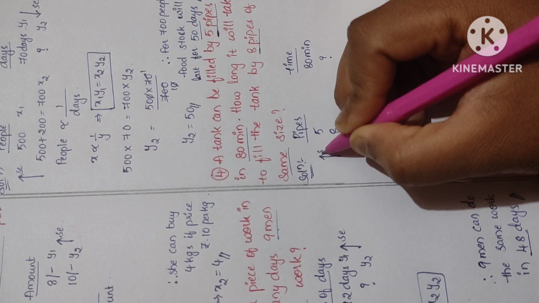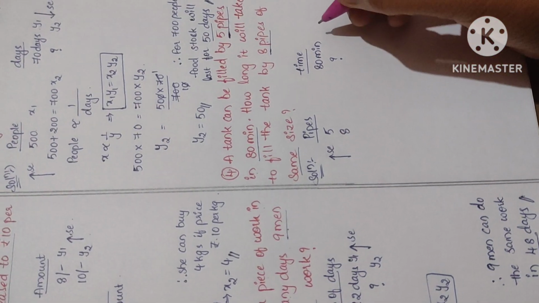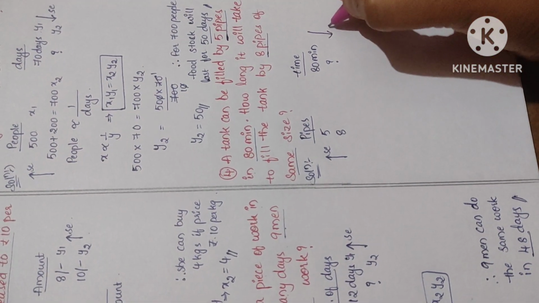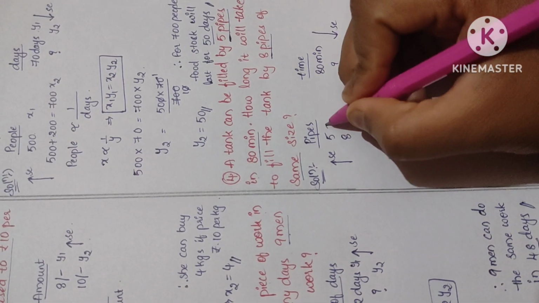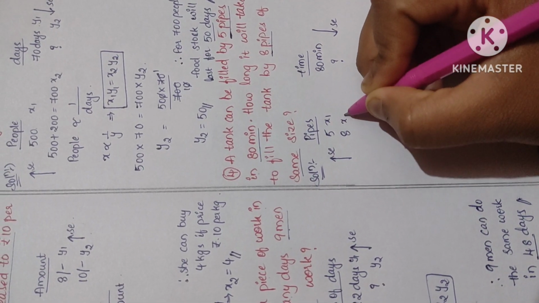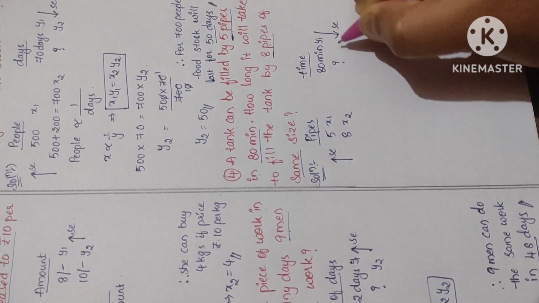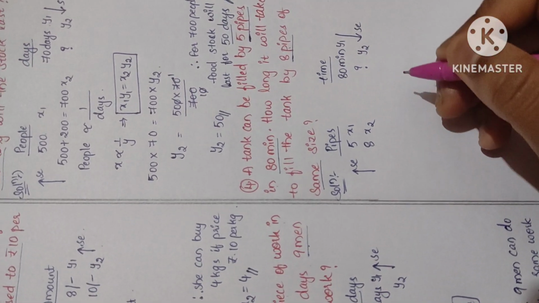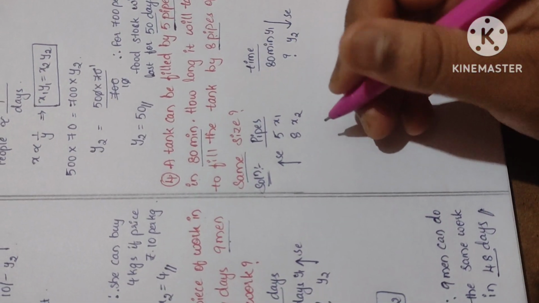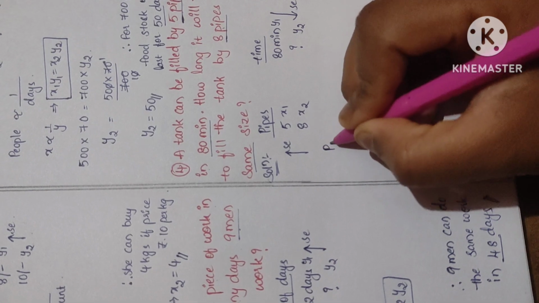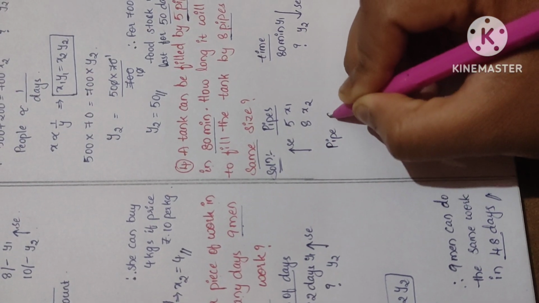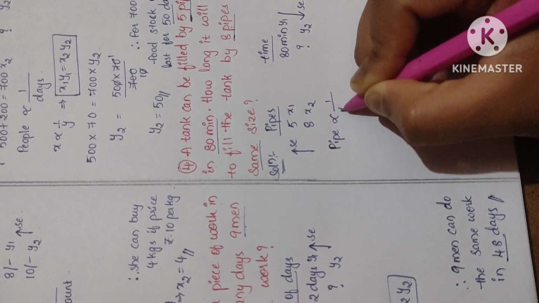So this is the basic thing. If the number of pipes increases, then the time taken to fill the tank obviously decreases. The pipes are increased from 5 to 8, so the time to fill the tank will decrease from 80 minutes to whatever it is. So we take pipes as x, time as y.